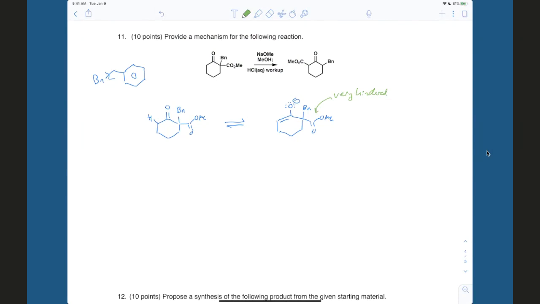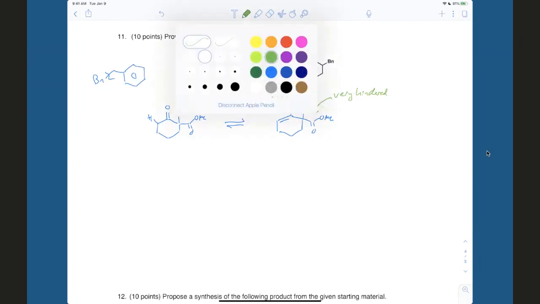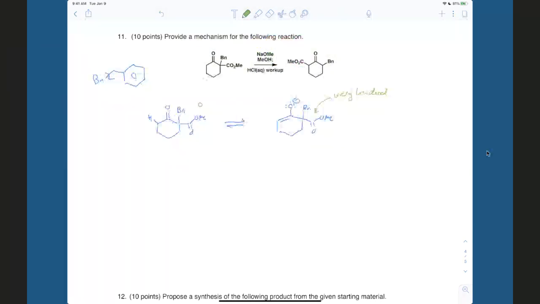Or are you saying that the methoxide could attack the ester? That I'm fine with. This is one of the possibilities we could entertain.